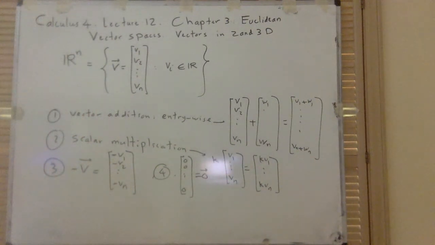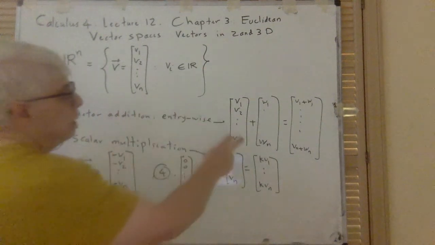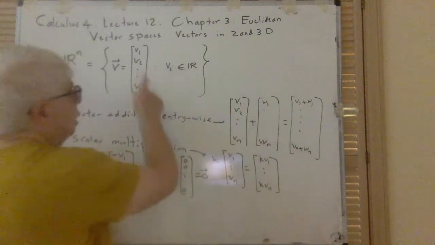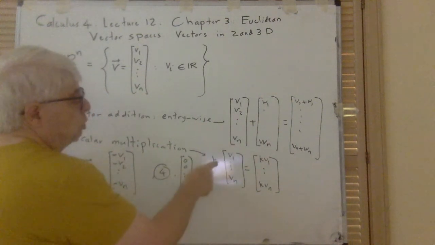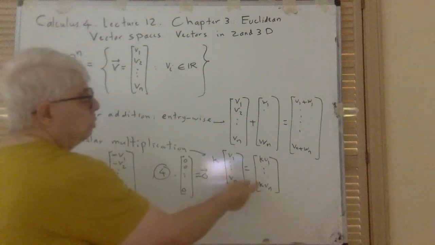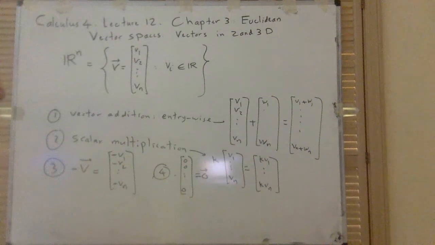And they satisfy certain properties. First of all, Rn is closed under 1 and 2. Adding two of them will give me another one here. Multiplying a vector by some constant will give me an element of Rn.